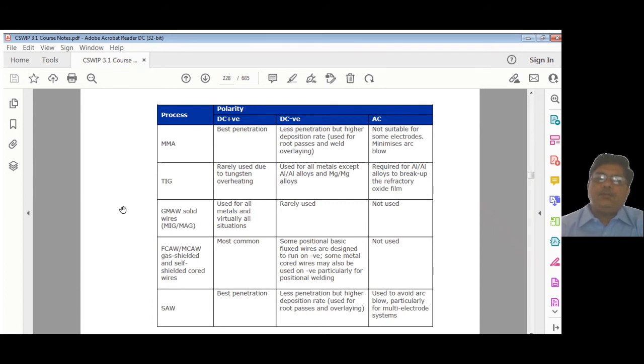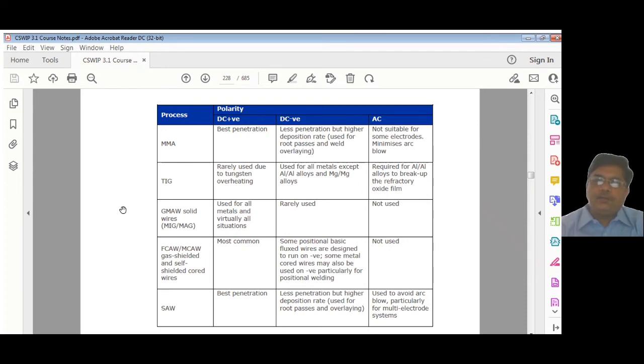Then FCAW, which is gas shielded and self-shielded core wire. There are two different types of electrodes in FCAW. One is called gas shielded, meaning you use CO2 gas as shielding. Also, you can do welding with FCAW that is called self-shielded.